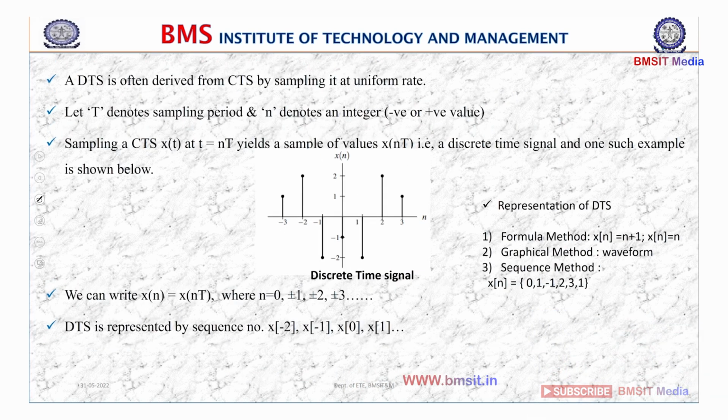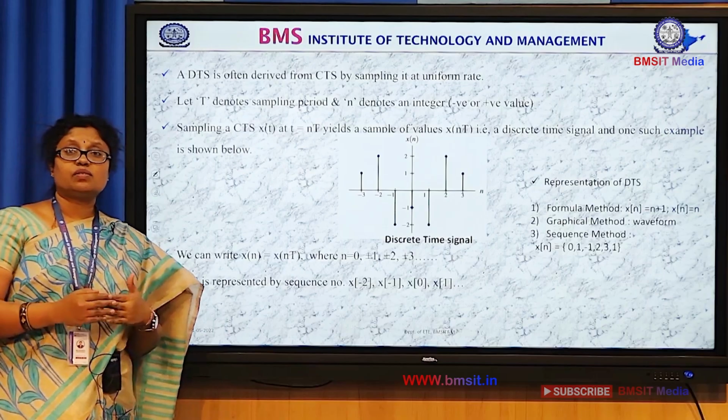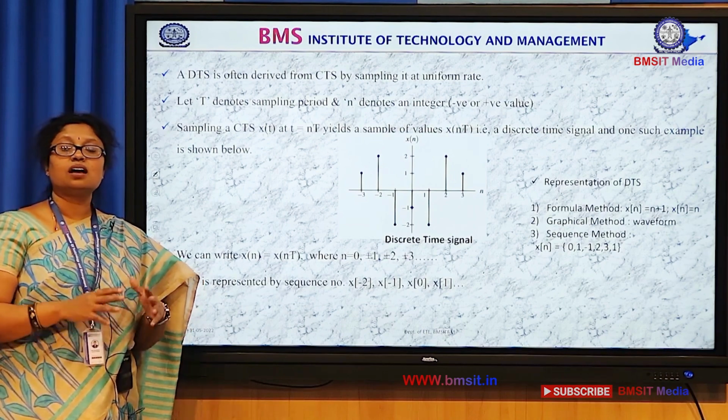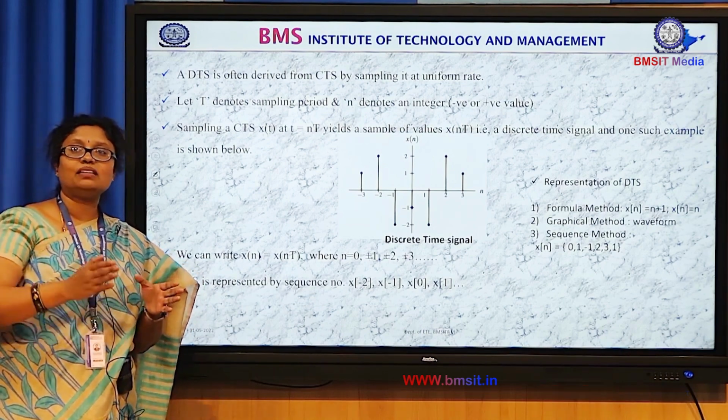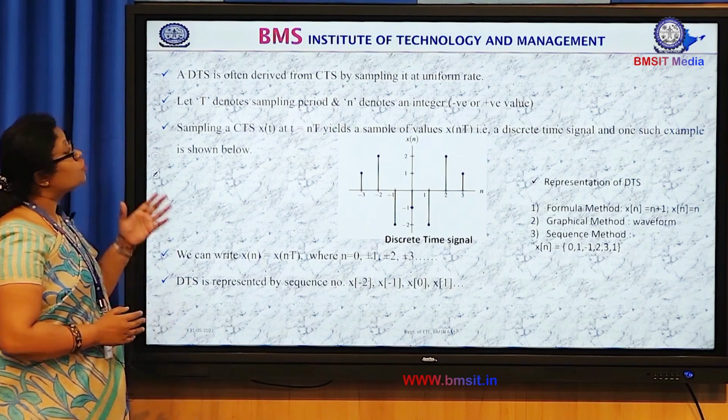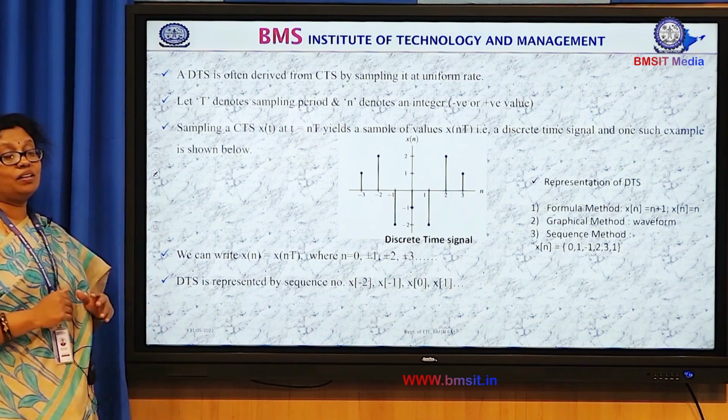Now the second type is discrete time sequences, and these are often derived from continuous time signals. How we do it is by sampling the signal at equal intervals of time. To do that we require a sampling frequency.